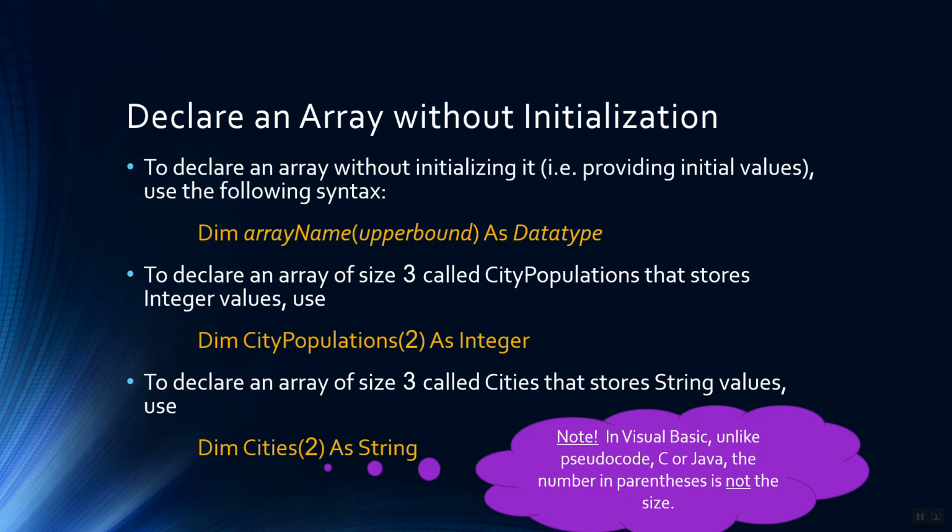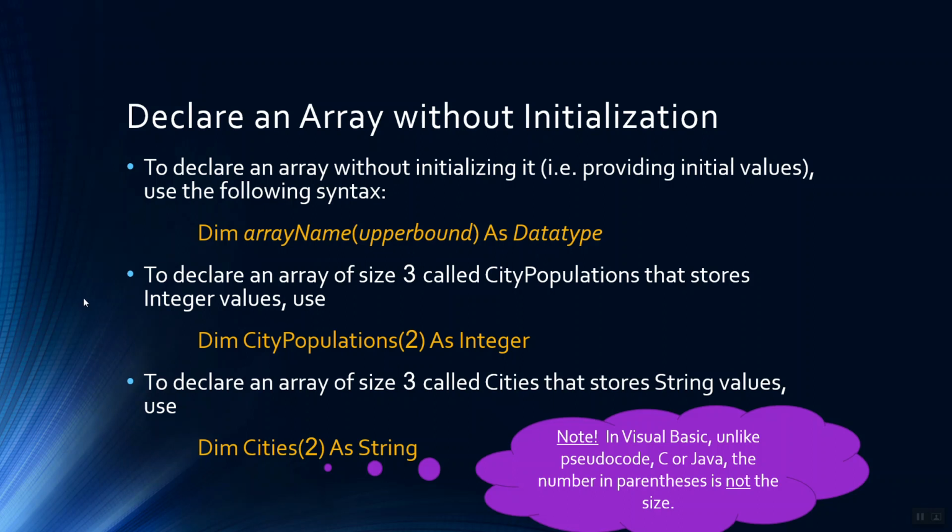When we saw pseudocode last week, we were specifying the size of the array in between square brackets. Now we're using parentheses instead of square brackets, and I'm telling you to use the upper bound. So we have to do a little mental adjustment. The upper bound is always going to be 1 less than the size of the array.